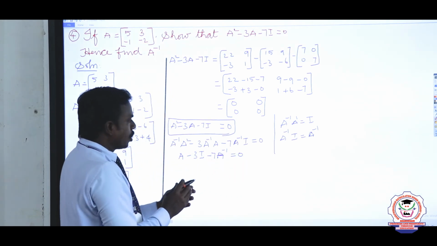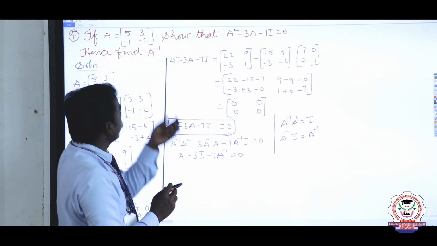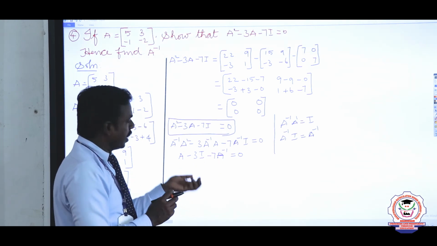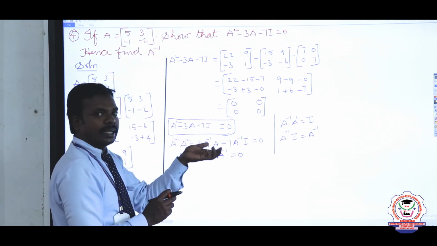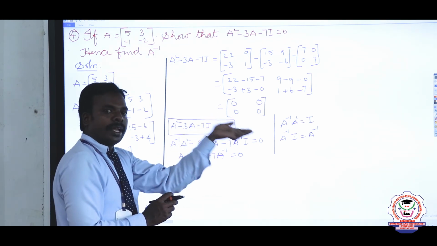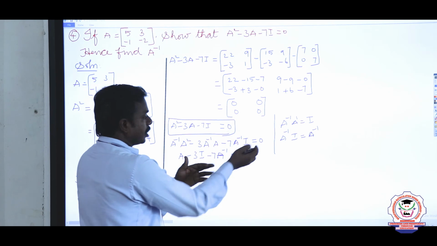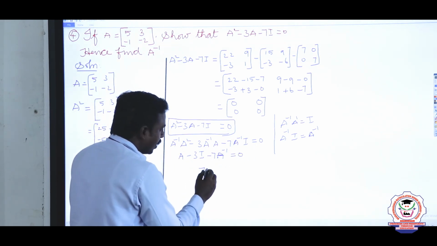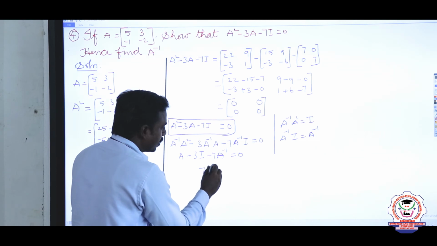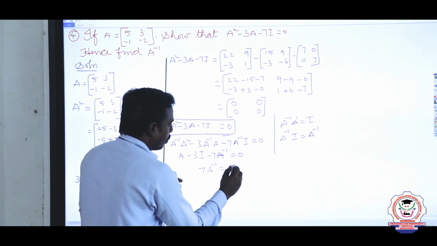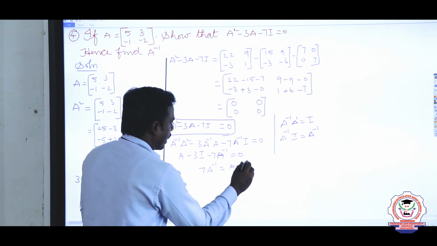From this, I want to find the inverse. They are asking to find A inverse. So I keep minus 7 A inverse on the left-hand side, and the remaining two things are taken to the right side. Taking it to the right-hand side, it changes to plus: 7 A inverse equals A minus 3I.